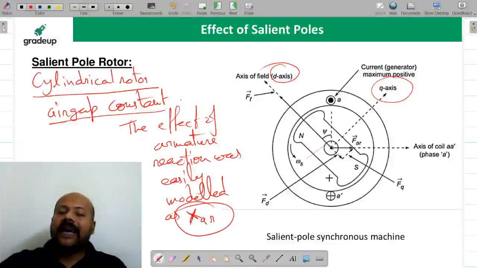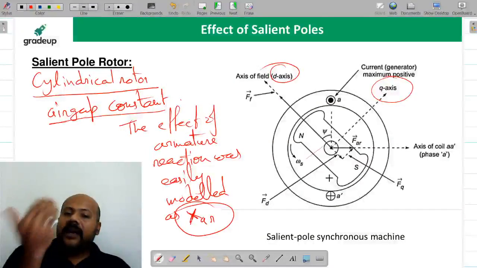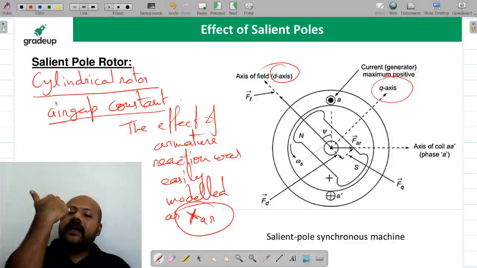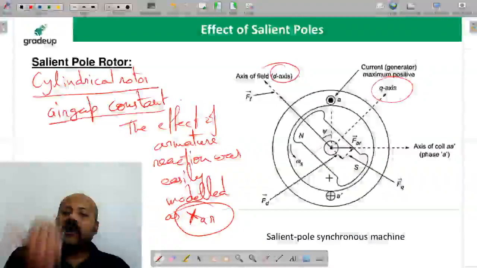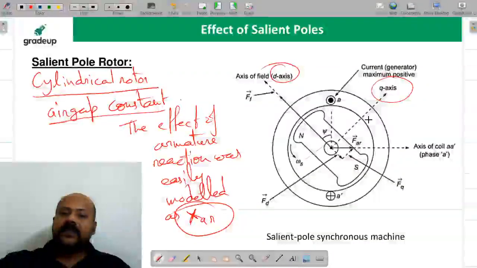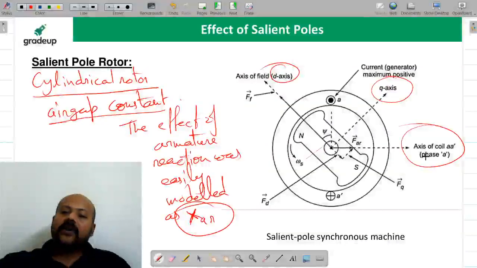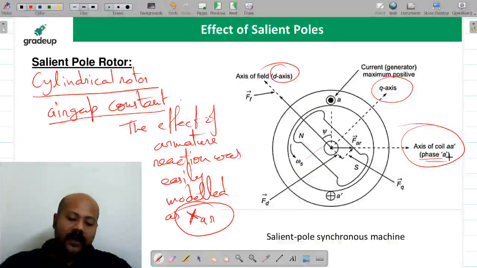Now if you apply the right hand rule, A conductor current coming outside and A dash conductor current coming into the coil, then you can find the axis of coil AA dash or phase A. Is it clear to all of you?